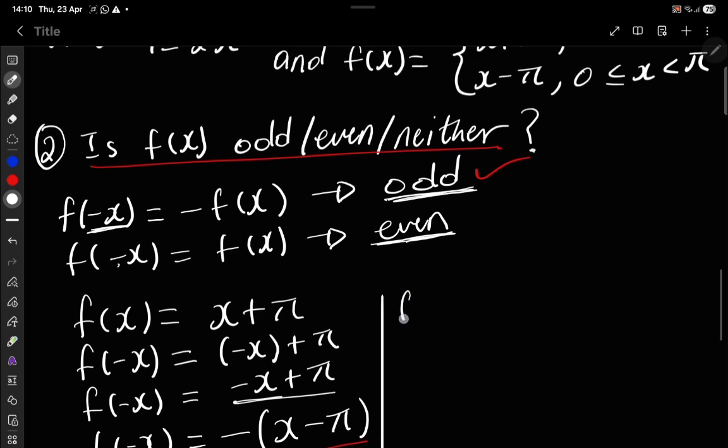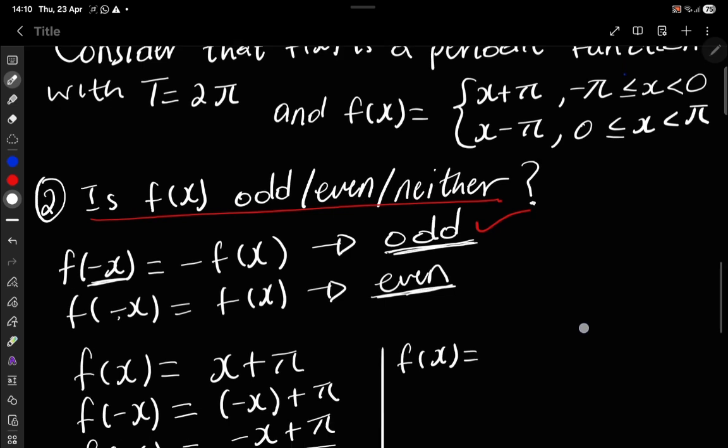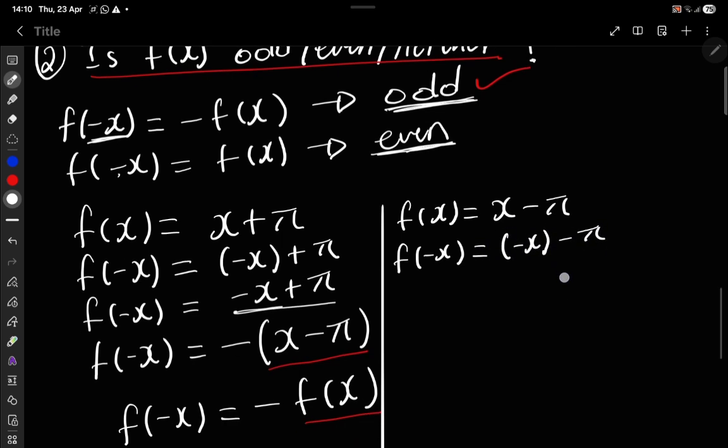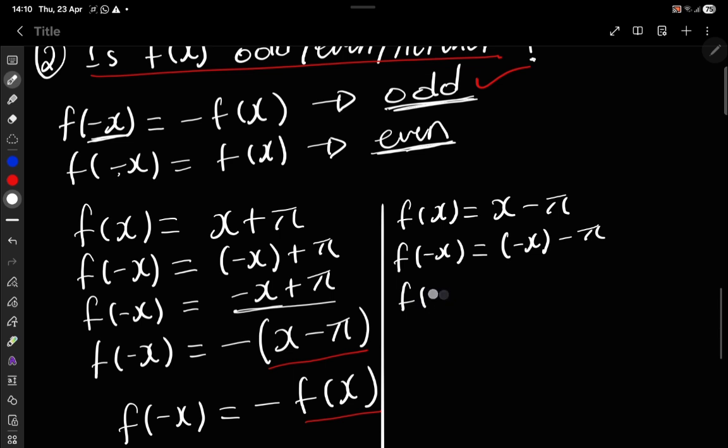But now, for more clarity, let's do the second one. Here, f of x is equal to x minus pi. Then f of minus x is going to be equal to minus x minus pi.